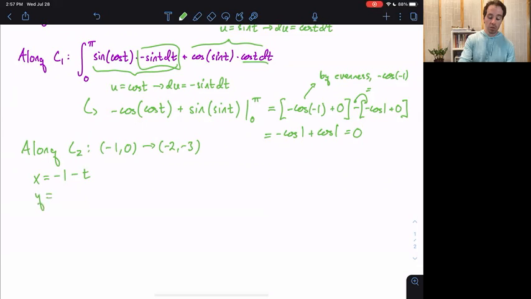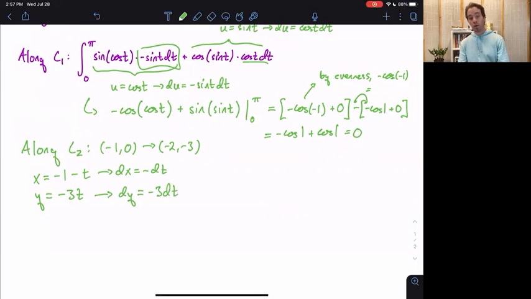Y is going to be the starting point of 0 minus 3t. So simply negative 3t. Then dx is negative dt, and dy is negative 3 dt.